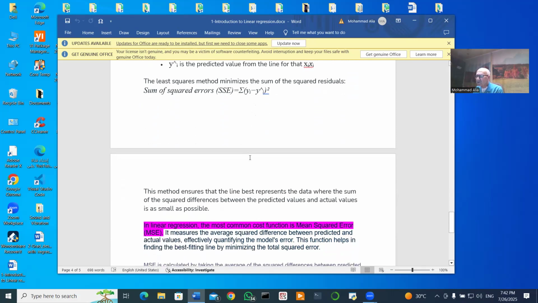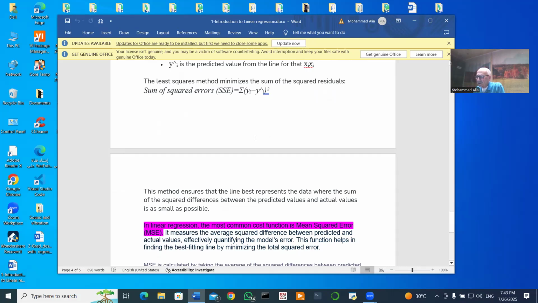Very often, instead of using the sum of squared errors, we can use a more standardized value by taking the mean of the sum of squared errors. Here we have to divide the sum of yi minus yi hat squared by the number of points in the data set.